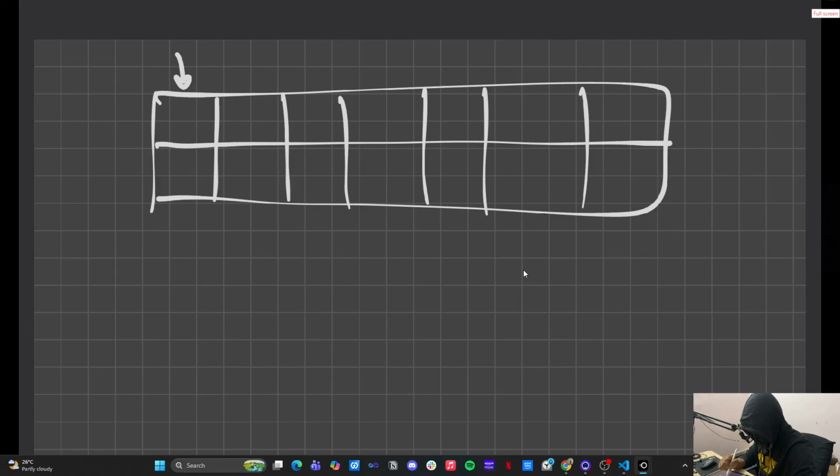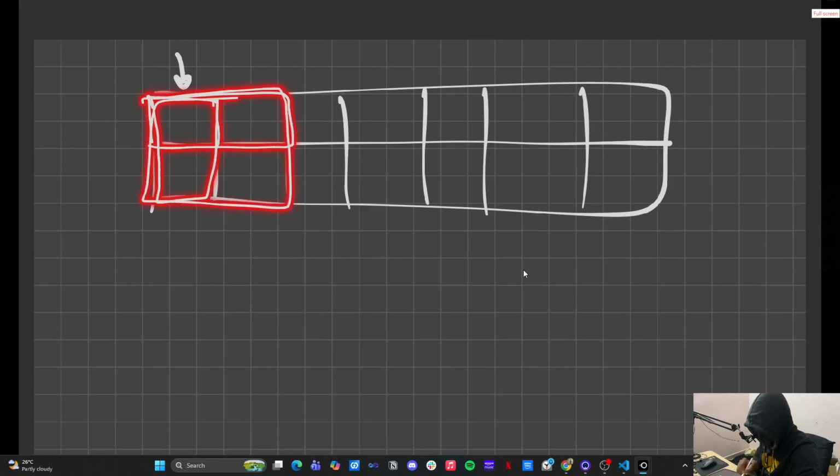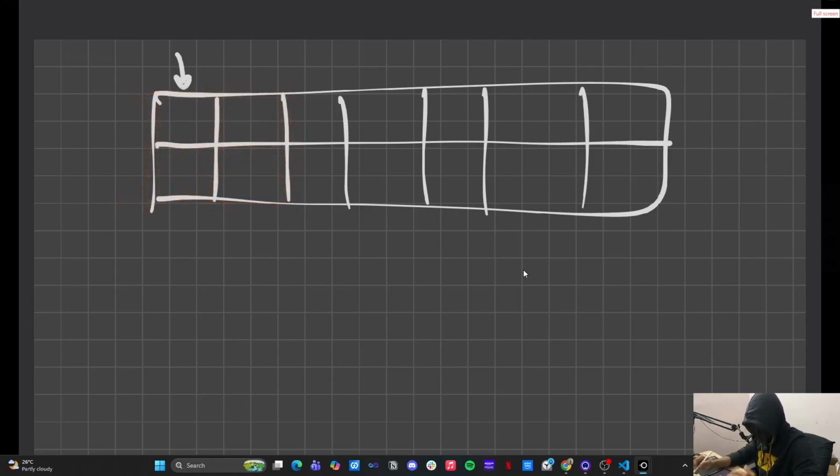Since I'm checking this one, I'm trying to pair these two, so I'll take these four cells as one block, and in these four cells I'll check if these two are equal and these two are equal. If both are equal, which means we don't need to repaint, I'll simply move my pointer to here, if these two colors and these two colors are equal.